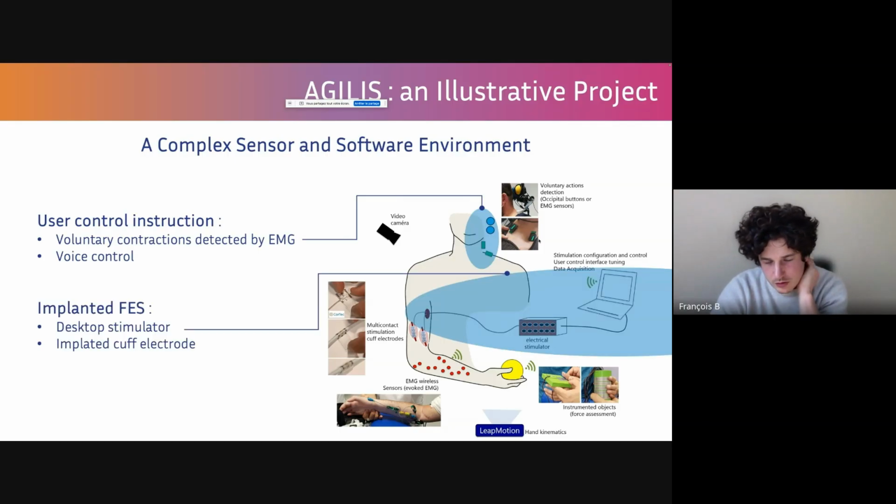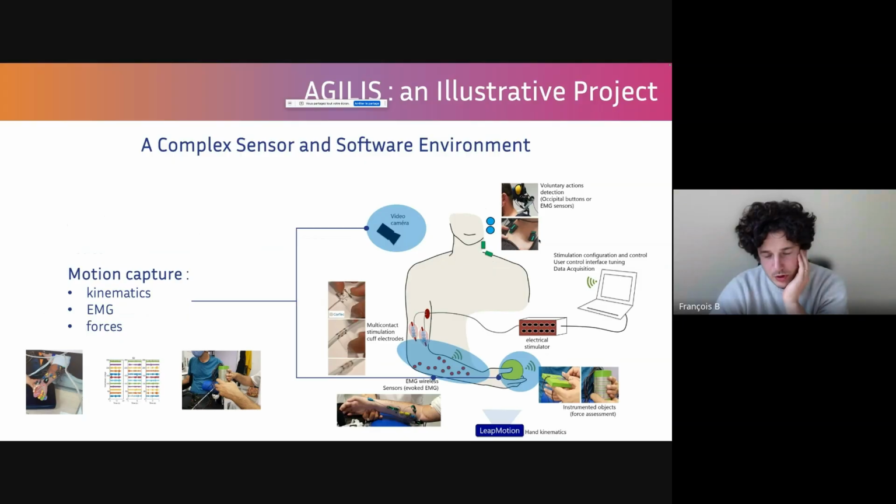We also have all the implanted functional electrical stimulation parts, with a desktop stimulator and implanted cuff electrode. But we also have technologies to assess the movement evoked by the stimulation, such as motion capture. We try to acquire several modalities: kinematics, muscle activities, and also forces produced by the stimulated muscles.